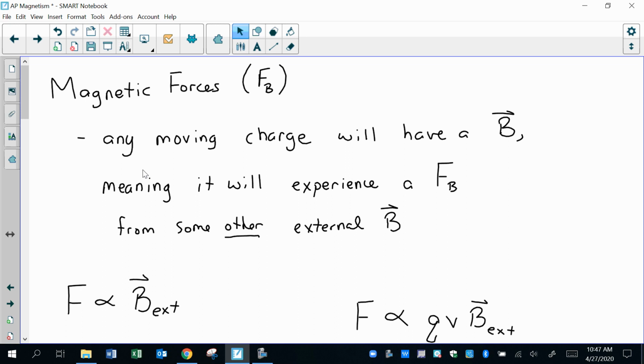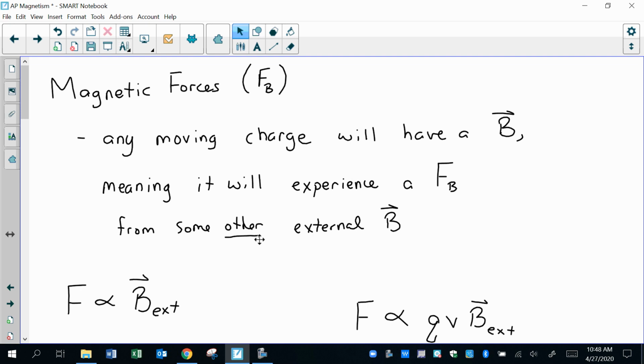Now, we start talking about forces. If I have a magnetic field, any moving charge has a magnetic field, which means it will experience a force from some external magnetic field. When you look at gravity and electricity, what you're looking at is the interaction between two separate fields. My gravitational field and the Earth's gravitational field affect each other, and the way they react is causing attraction.